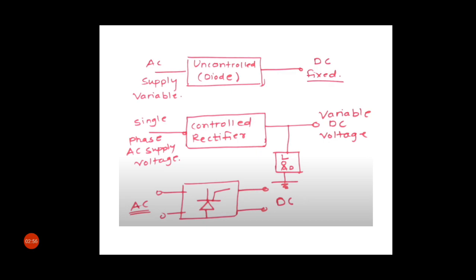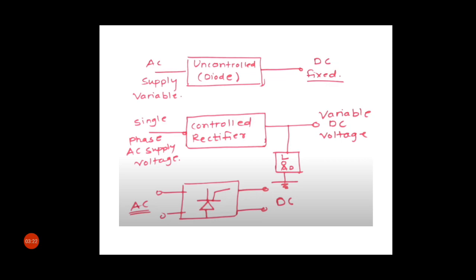Okay, so whenever it is an uncontrolled device, that means rectifier using a diode. When it is a control device, it is nothing but SCR. So see the last figure.